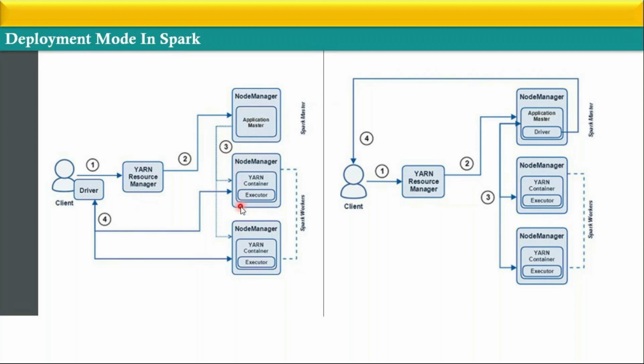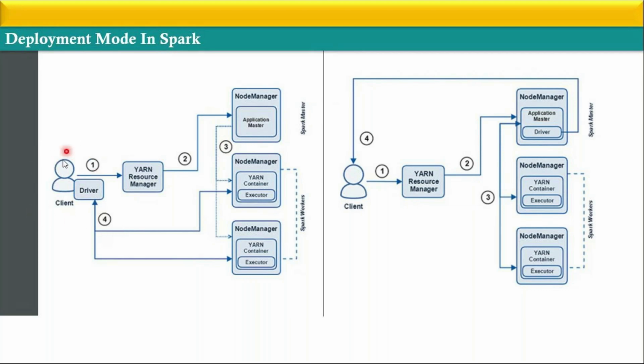And now this driver, which is running at the client, directly monitors the execution of that particular application. Once the execution is done at the driver end, the client gets the information whether the job has been executed or not. But there is one challenge in this approach.